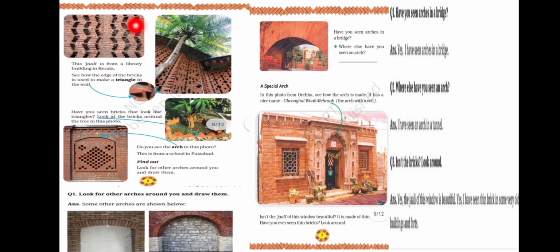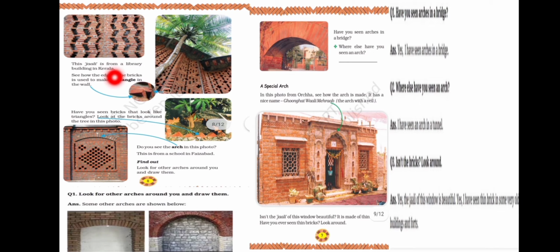Here another jali is given. This jali is from a library building in Kerala. See how the edges of the bricks are used to make a triangle in the wall. Children, as we know, in a brick there are 12 edges, and what is the shape of a brick?